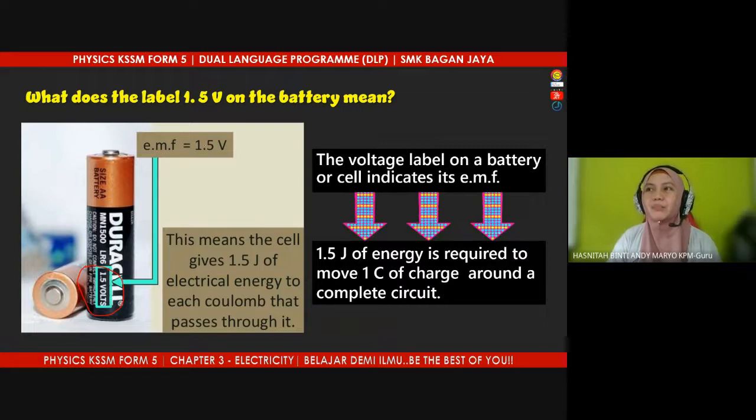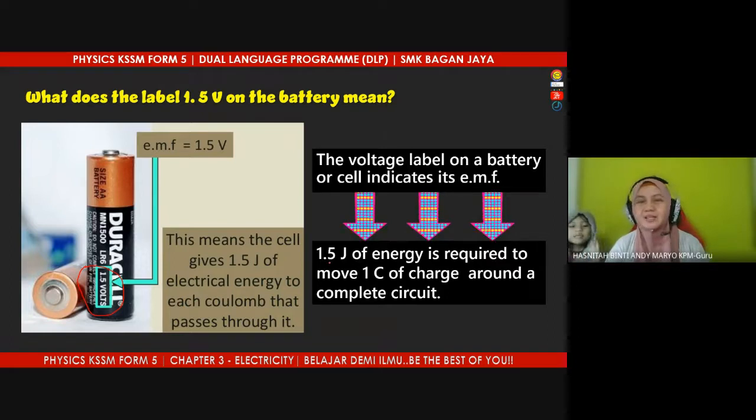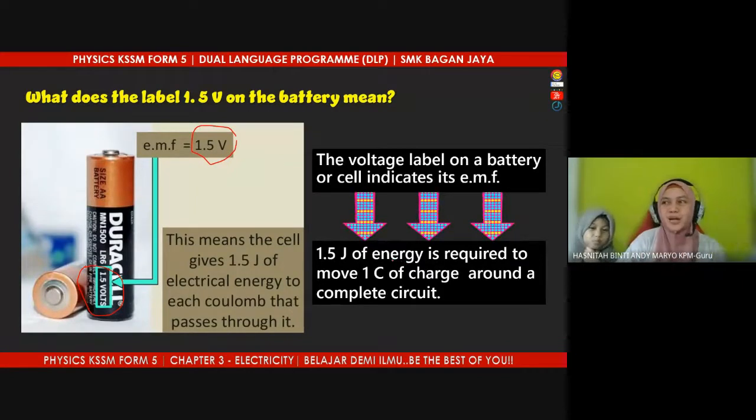Here 1.5 volt means 1 joule of energy is required to move 1 coulomb of charge around a complete circuit. So you understand now what 1.5 volt means. 1 joule of energy is required to move 1 coulomb of charge around a complete circuit.